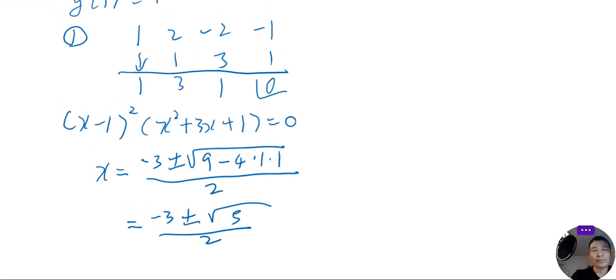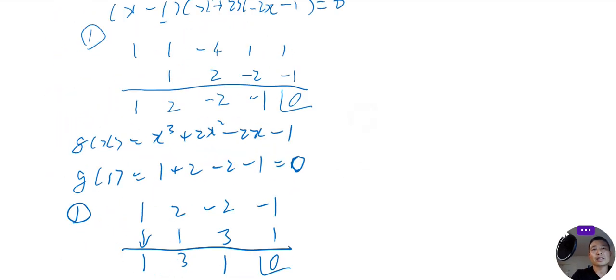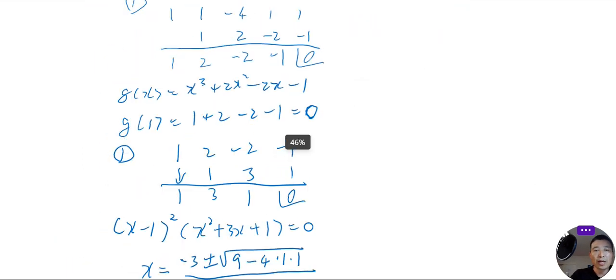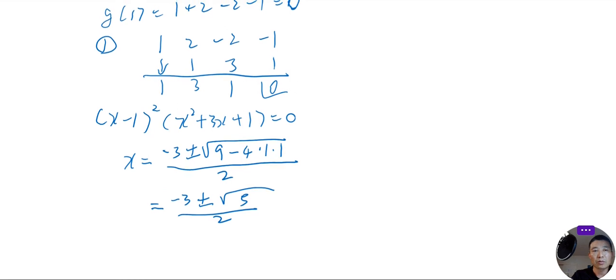Do you remember the question says x is negative? So when I find the solutions, x must be 1 repeated, or negative 3 plus or minus the square root of 5 over 2.